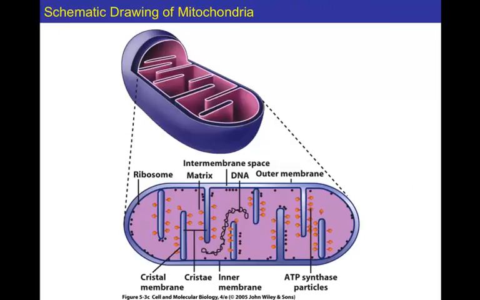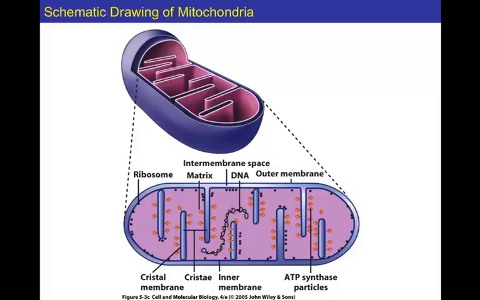This schematic drawing again emphasizes the two compartments inside the mitochondrion, the space between the two membranes, the inner and outer membrane, and also the space inside the inner membrane, which is the mitochondrial matrix. You also see in this drawing the ribosomes, which are the little sort of blue-black dots that you see spread throughout, and again, the orange things are what were originally called the lollipop structures.